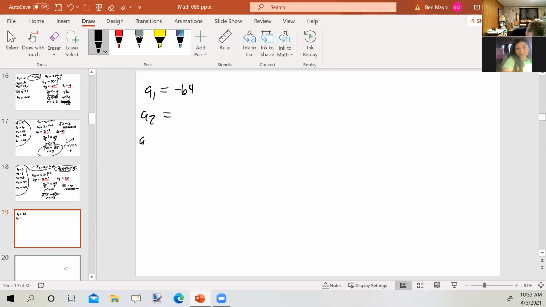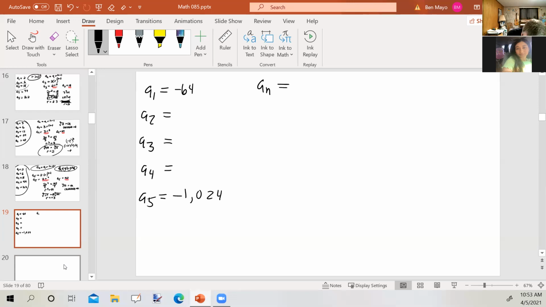Then we've got a sub 2, a sub 3, and a sub 4. There's our 3 geometric means. A sub 5 is also negative 1024. It tells us that of these means, 2 are going to be positive and 1 is going to be negative. We'll come back to that in a minute here.